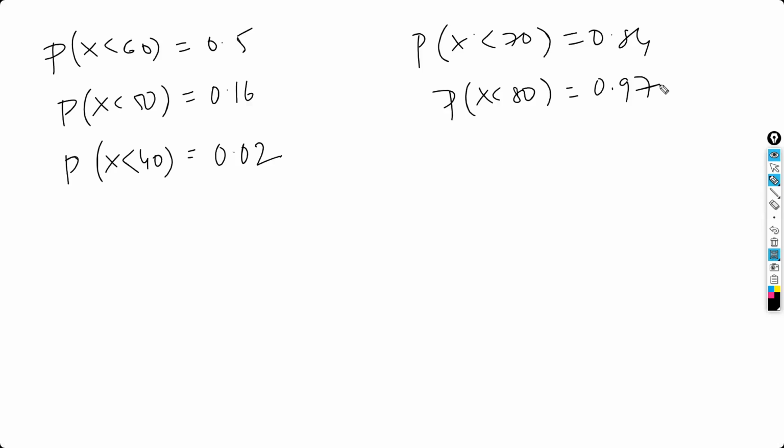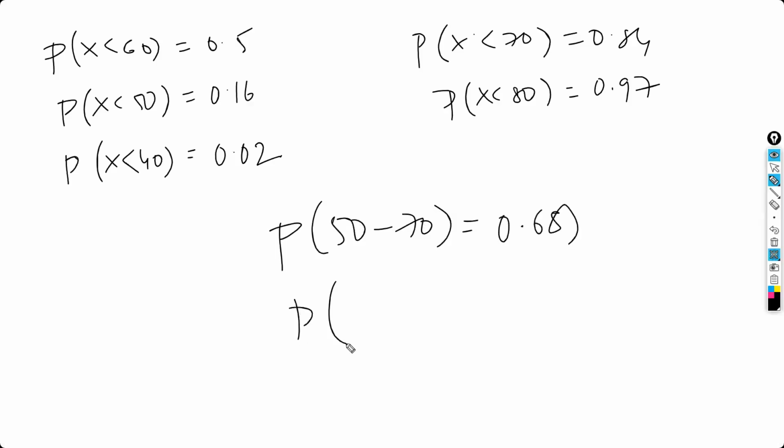Both offline and online students, anyone has any questions? Now, what is the probability between 50 to 70? 0.68. Now, what is the probability between 40 to 80?